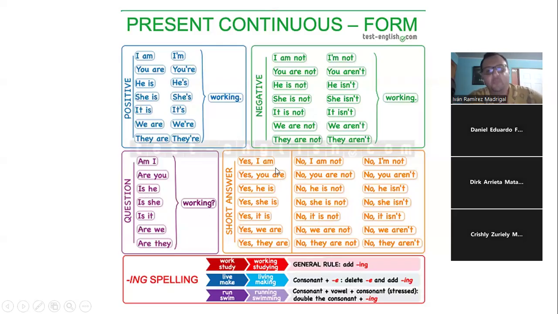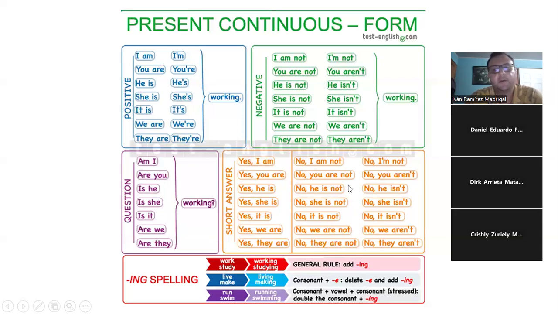In the form of be. So, for example, if I'm asked, are you explaining? Yes, I am. Are you speaking? Yes, I am, right? Are you paying attention? Yes, you are, right? And then the negative possible answer is no, I'm not.